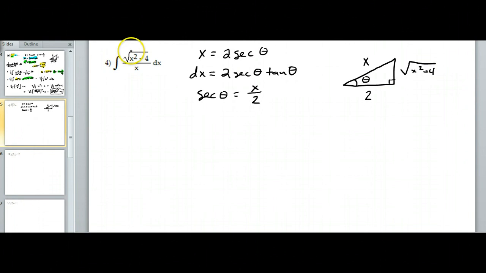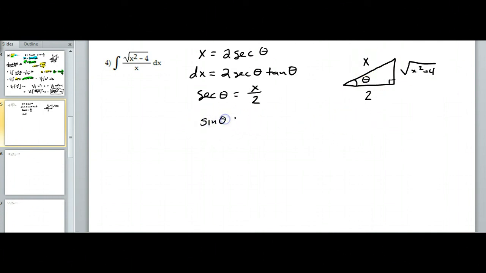And then there is everything that shows up in this integration. The square root of x squared minus 4 over x is this over this, which according to this setup is opposite over hypotenuse. So that's the sine.